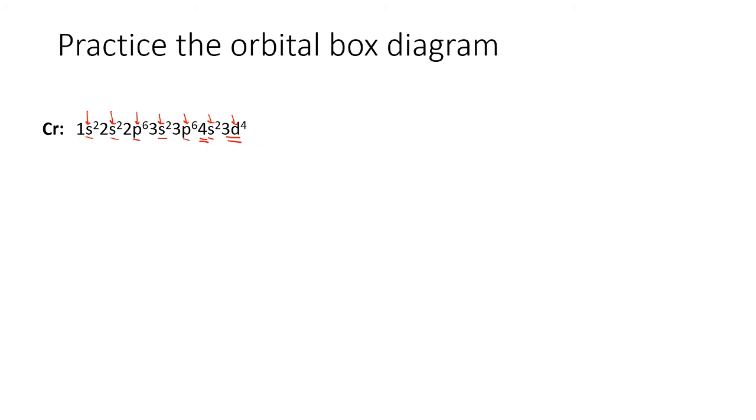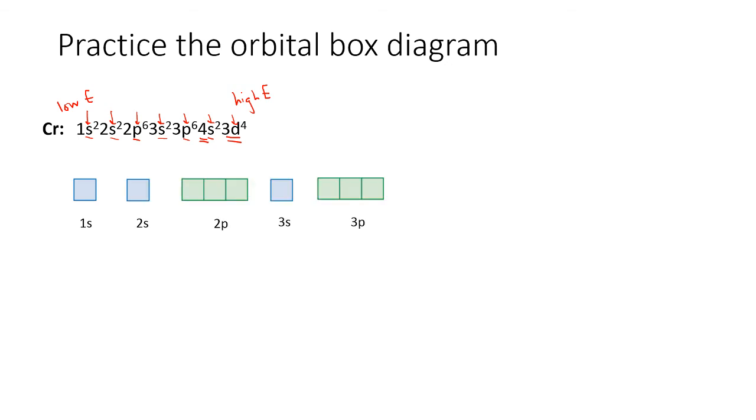I'm going to list them from low energy to high energy. Okay, so just in the order that we wrote them, I'm going to put down those boxes. So there's 1s, 2s, 2p, 3s, 3p, 4s, and then 3d. Okay, so I just list them as I wrote them in the electron configuration. They'll always be in the right order.